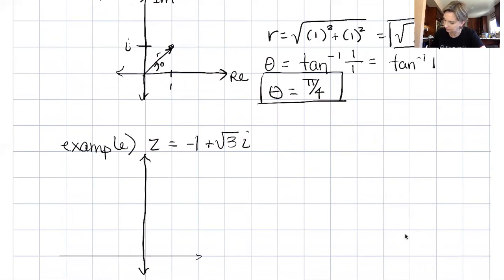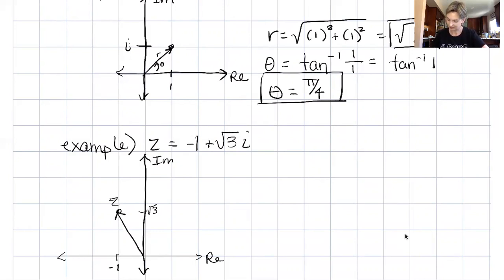There we go. Okay, so this one is in a different quadrant than the other ones we've looked at, right? Because on the real axis, we're at -1, and on the imaginary axis, we're at the square root of 3. So we're about right there. Okay, that's z.